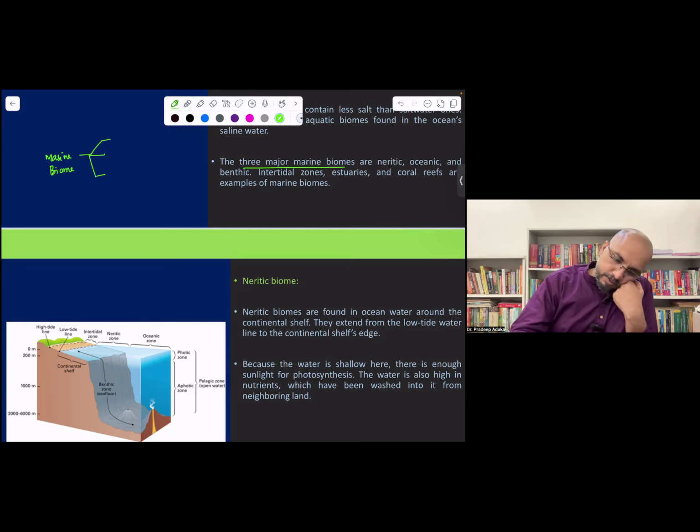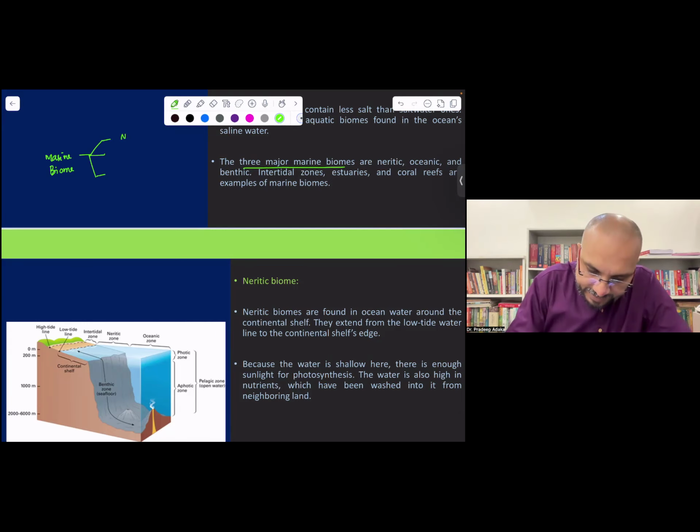Okay, so you have neritic biome. Again, you have subcategories within the marine biome, because these are the different regions of the ocean and they have different conditions. So temperatures, pressure, light conditions, they are all different in these regions.